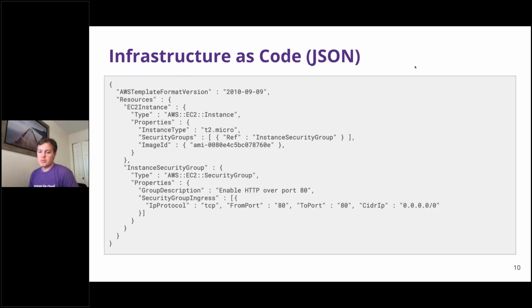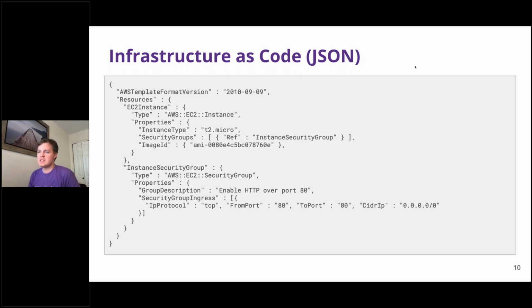There are a few traditional approaches to infrastructure as code, and folks here are probably familiar with things like CloudFormation, a JSON or YAML encoding of the resource model of AWS. It's the way to tell AWS, here's a set of resources that I want to have, given these properties and with these references between them.